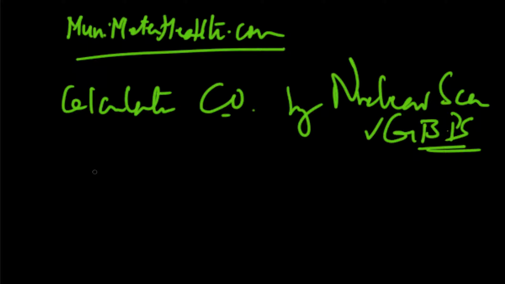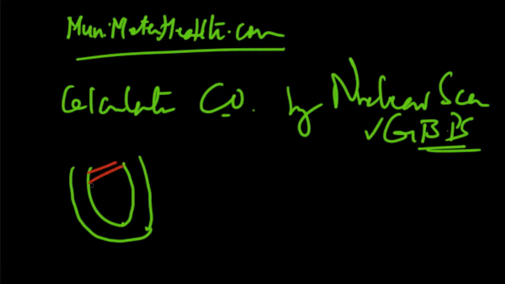So looking quickly at what the left ventricle will look like in diastole. Here is your diastole. The contents of the left ventricle are shown here in red, and that becomes your volume. The program actually calculates it for you, but basically you're recording it at end-diastole, so we call it left ventricular end-diastolic volume.